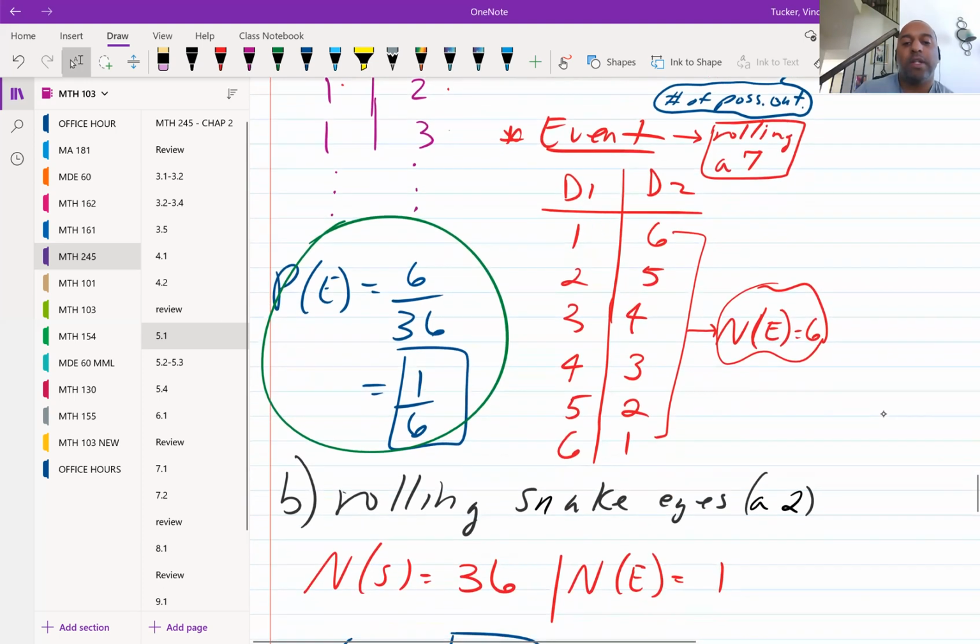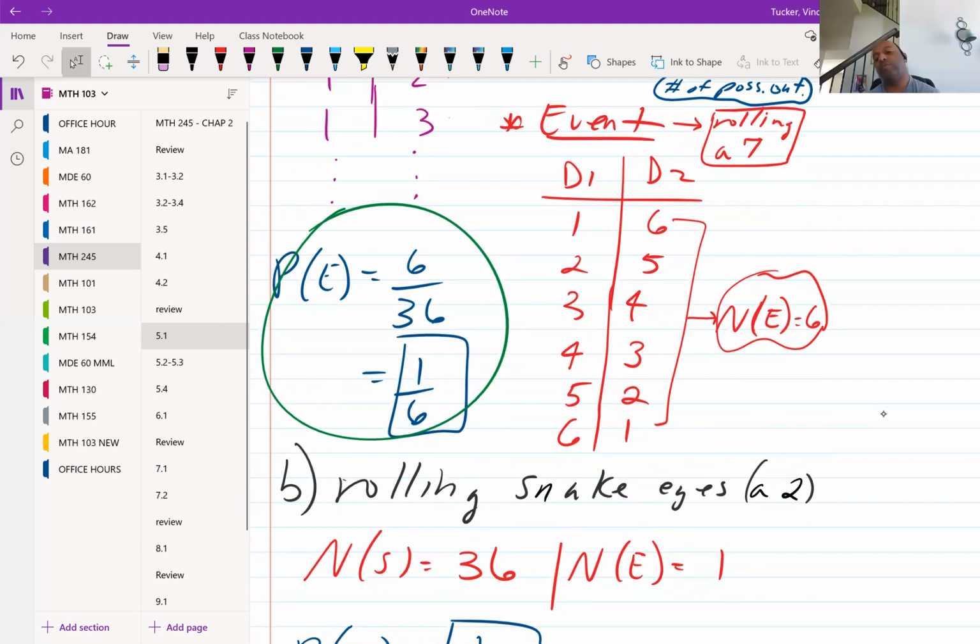So B, rolling snake eyes. We want to know the probability of rolling snake eyes, which once again is 2. So we already know the sample space. We haven't changed the problem.